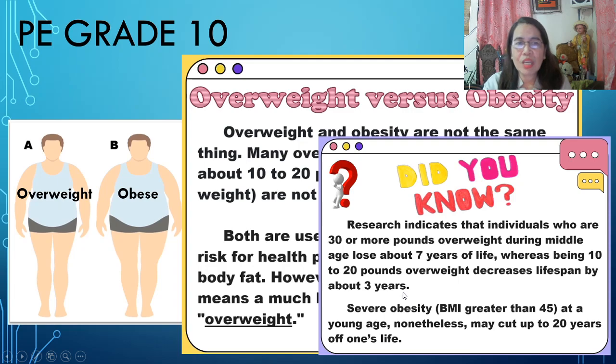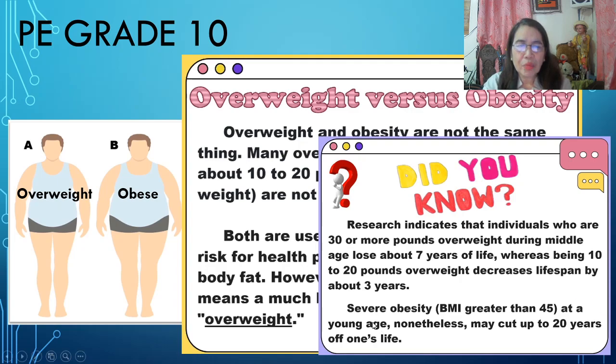So that means to say, if God planned you to be on earth, let's say 70 years old, but you are overweight, then you will lose 7 years. So 70 minus 7, 63 years old. But if you are obese, 70, so how many is this? 10 to 20 pounds daw. So 70 minus 10, 60. So you will die earlier.